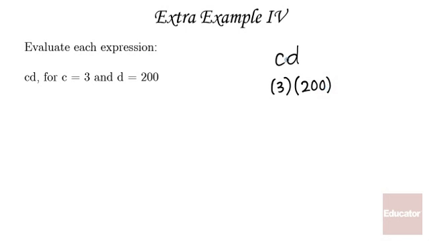So if CD means C times D, then it means 3 times 200, right? So when I multiply 3 times 200, I get 600. So when you evaluate the expression CD, when you're given the numbers that they represent, then the answer will be 600.